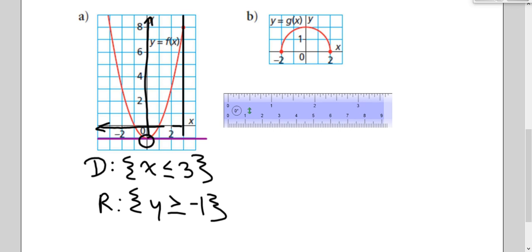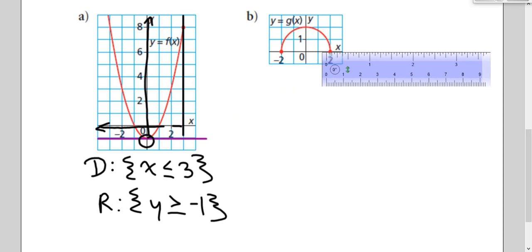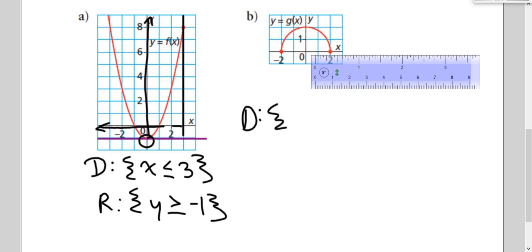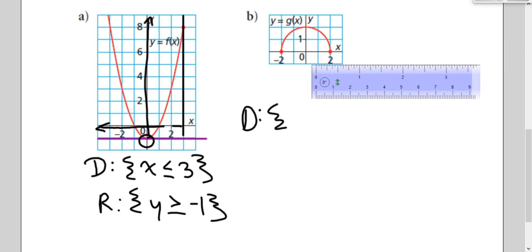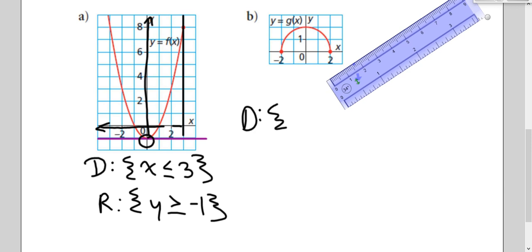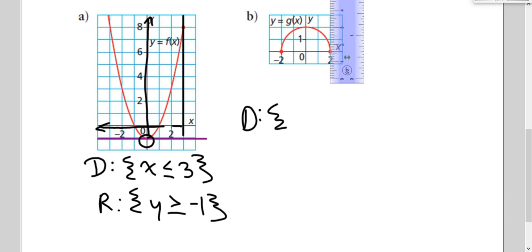Okay? So then let's think about this guy, our domain. There we go. Okay, so then if I'm looking here, I have an x value that occurs here.